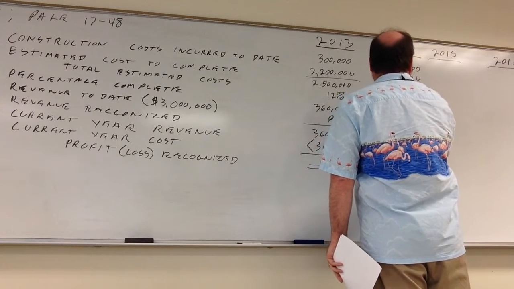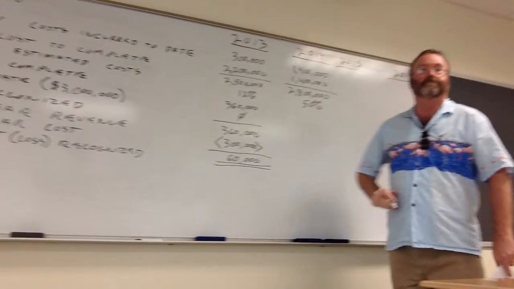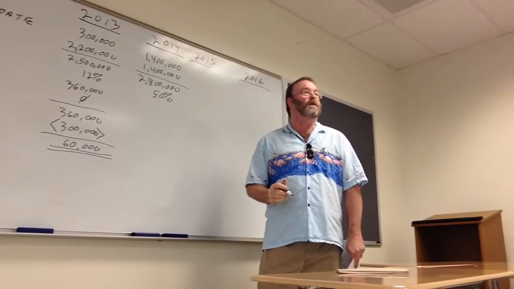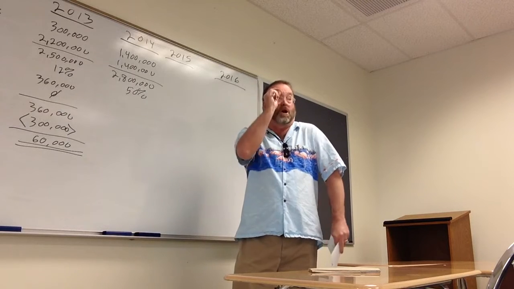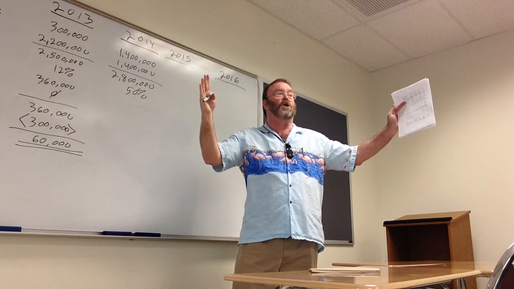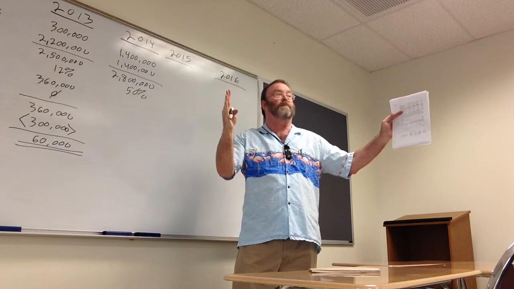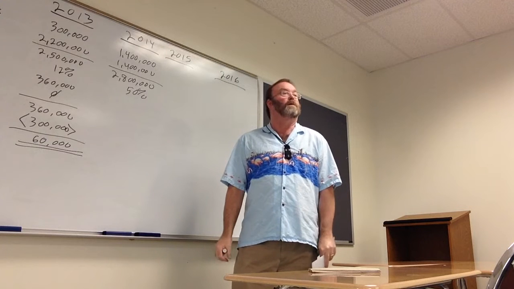We're now 50% complete. Why we didn't use the 1,100,000? That's what our current year cost is. So the total cost that has been incurred since we started this program is $1.4 million. So we're adding it together.